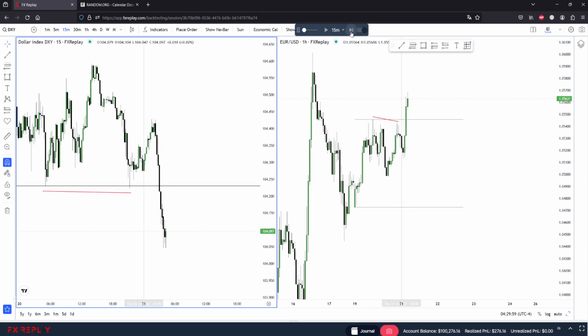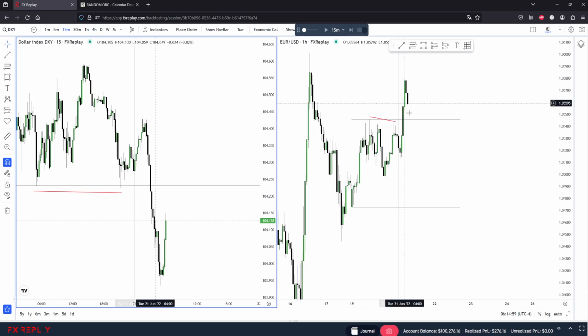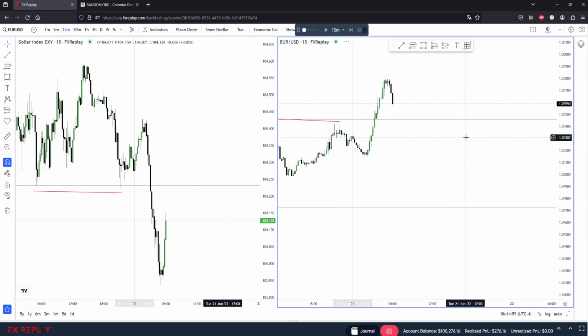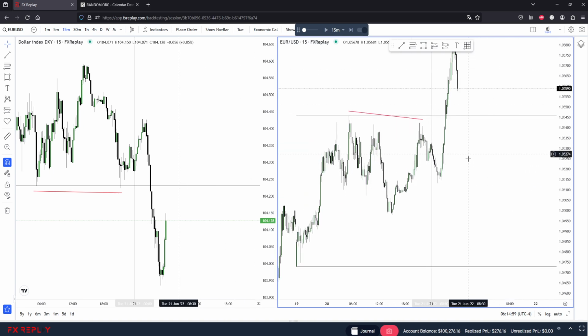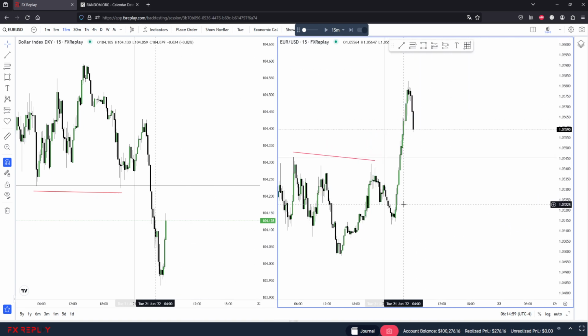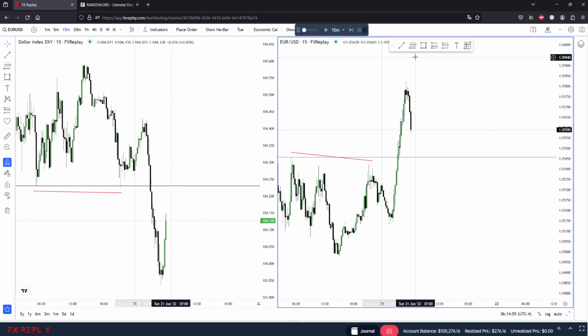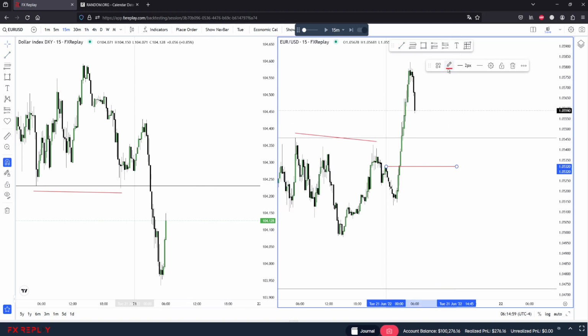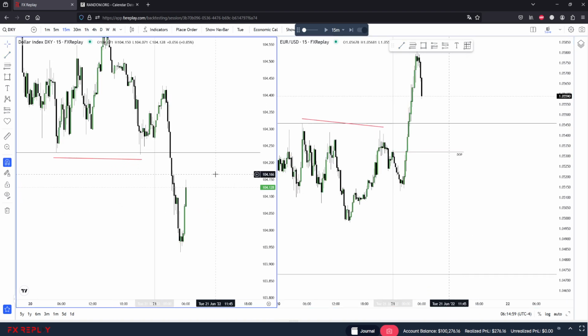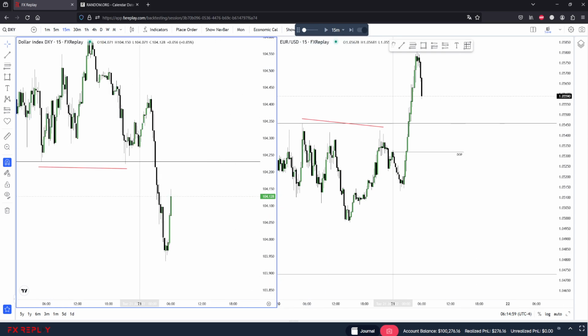So it still counts as that. If there's a structure shift, obviously we can still take it. So that one was a little bit too early. And we shorted below daily opening price, I guess. Yes, so that was a technical error on my part, which is fine.